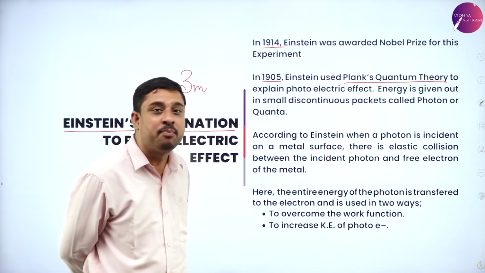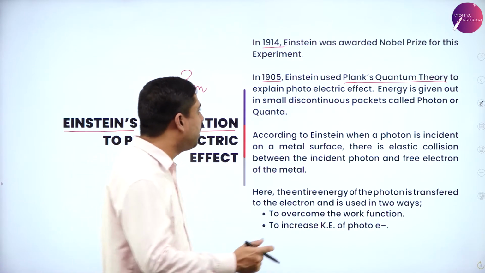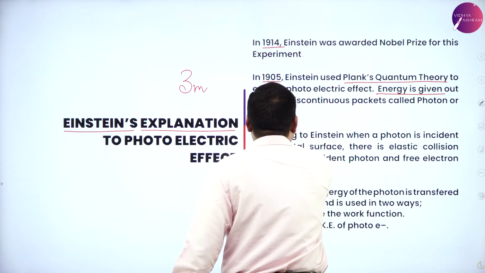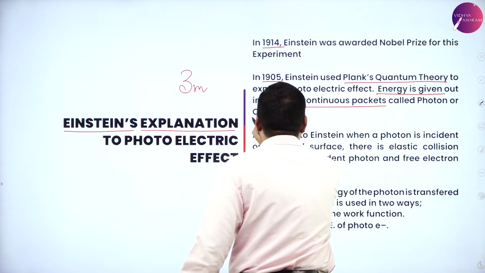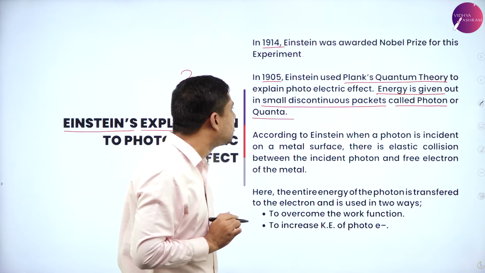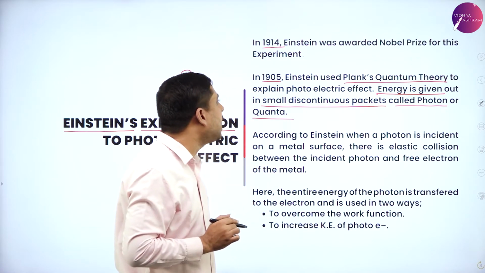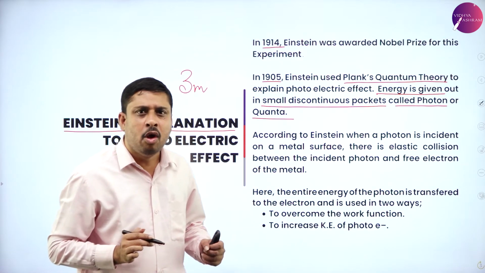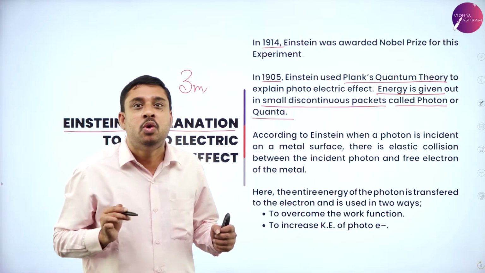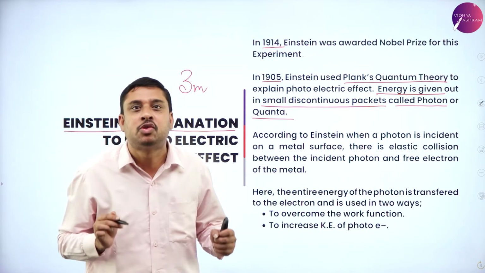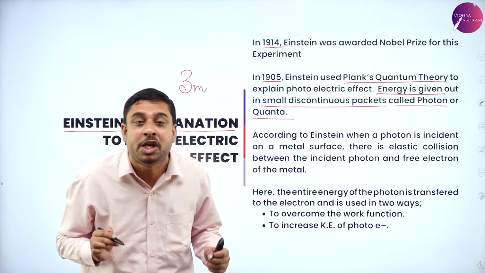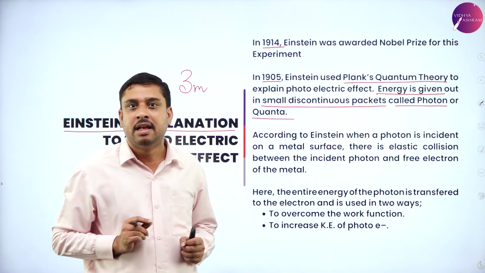What does this quantum theory say? It told energy is given out in small discrete packets called photons or quanta. What Max Planck says is no source of energy is ever continuous in nature.